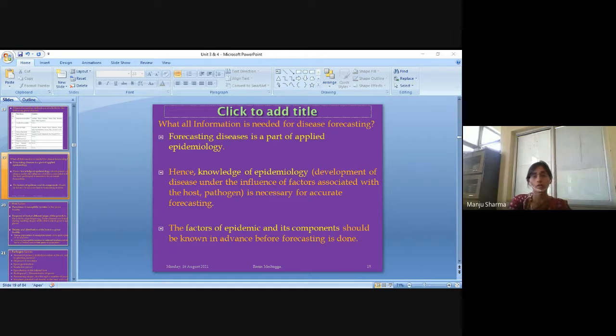Hence, the knowledge of epidemiology, that is the development of disease under the influence of factors associated with the host and pathogen, is necessary for accurate forecasting.